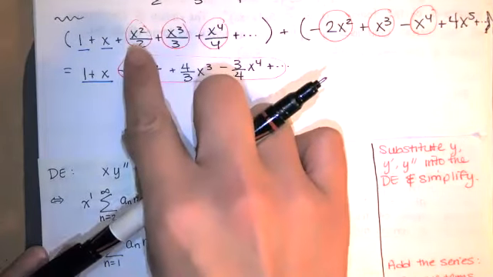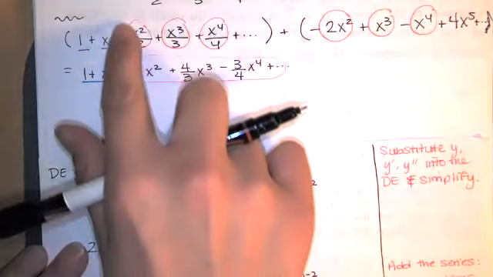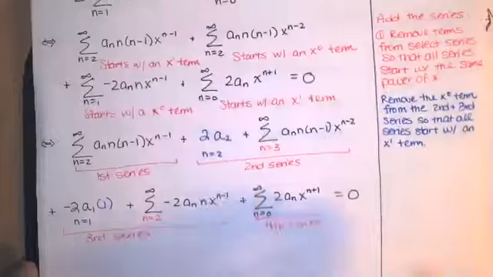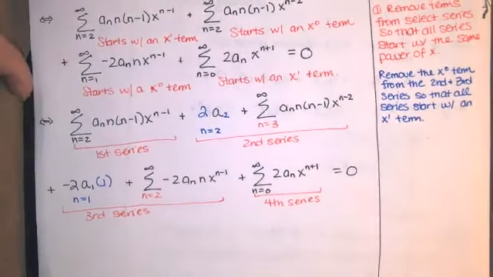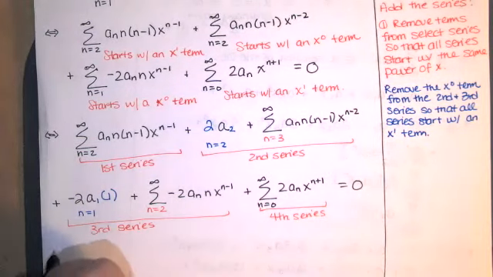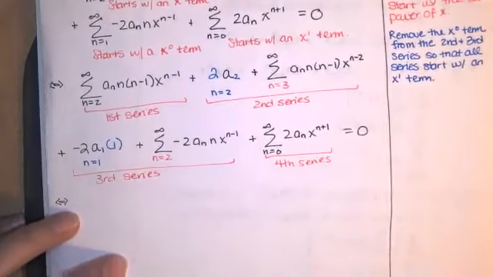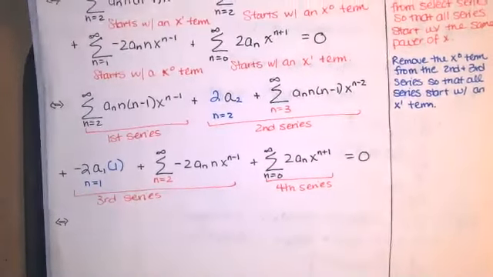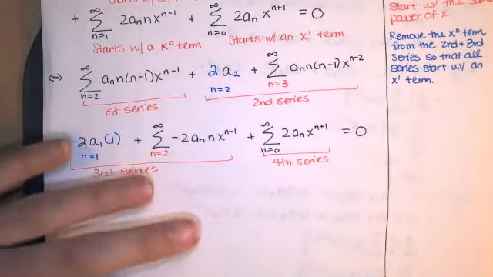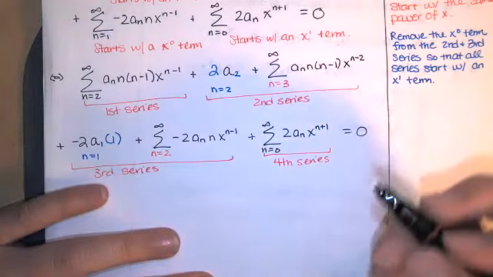When I wanted to add this x squared term to this x squared term, I had to identify the x squared terms, and then I had to add the 1/2 and the -2 to get the -3/2. That's exactly what we want down here. That's exactly the plan. But we have to make them look the same in order to do that. So we've removed terms from the series so that they all start with the same power of x.